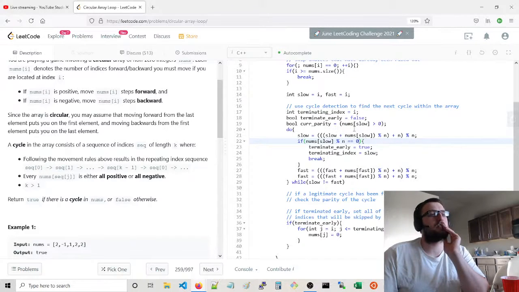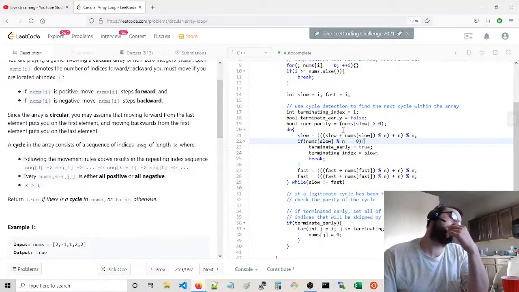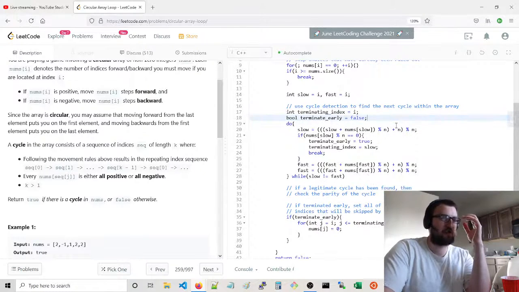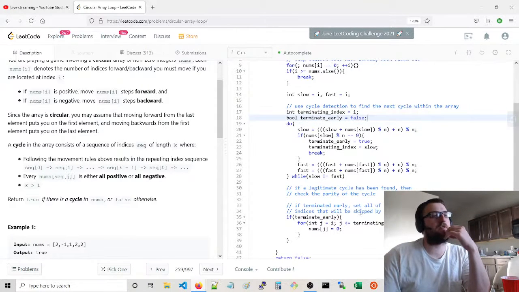Yeah, that's incorrect. So yeah, that's actually just wrong. You don't check the parity here. You check the parity within the cycle, only within the cycle.